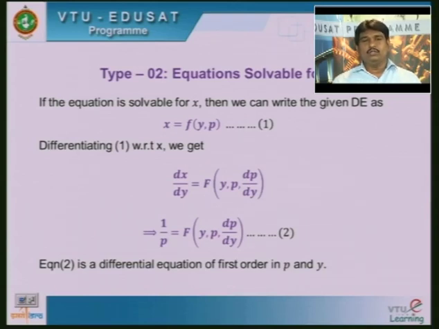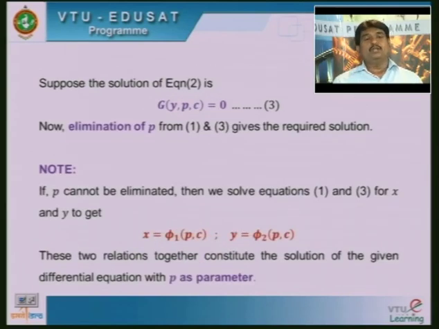Equation 2 is a differential equation in terms of p and y. I will not treat p as dy by dx here, p is some variable, y is some variable, so it's a differential equation in terms of p and y, only p and y, no x involved here. So I can solve that equation to get a solution in the form g of y, p and c equals to 0, with one arbitrary constant c.